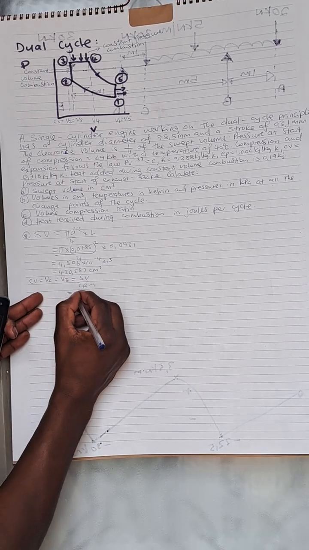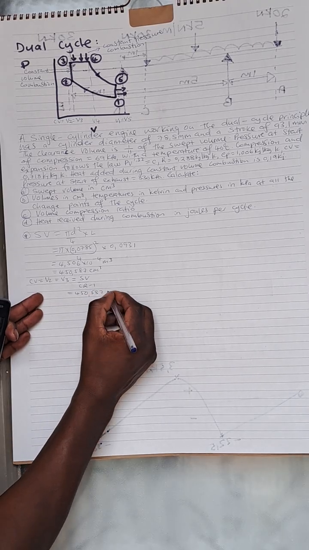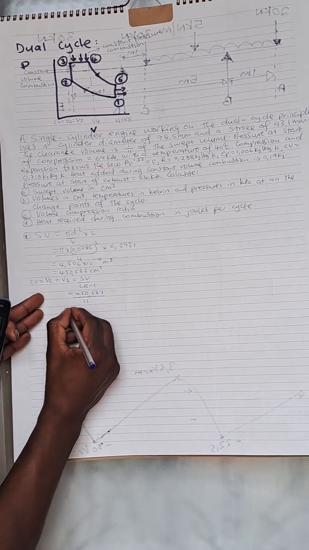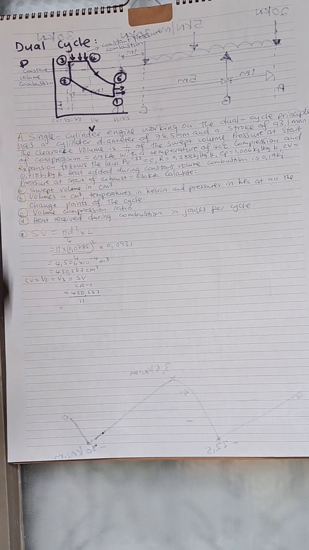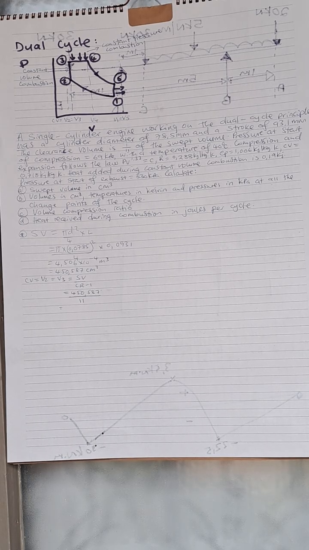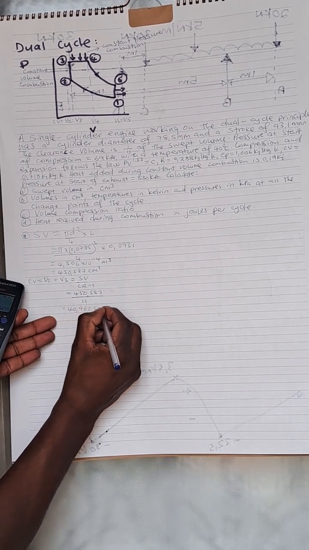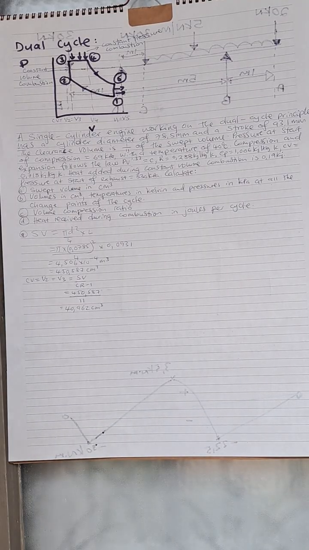So it becomes 450.587 divided by 11. Remember, our clearance volume is said to be 1 over 11. So 450.587 divided by 11, I'm getting 40.962 cubic centimeters. So we have our V3, our V2, and our clearance volume.